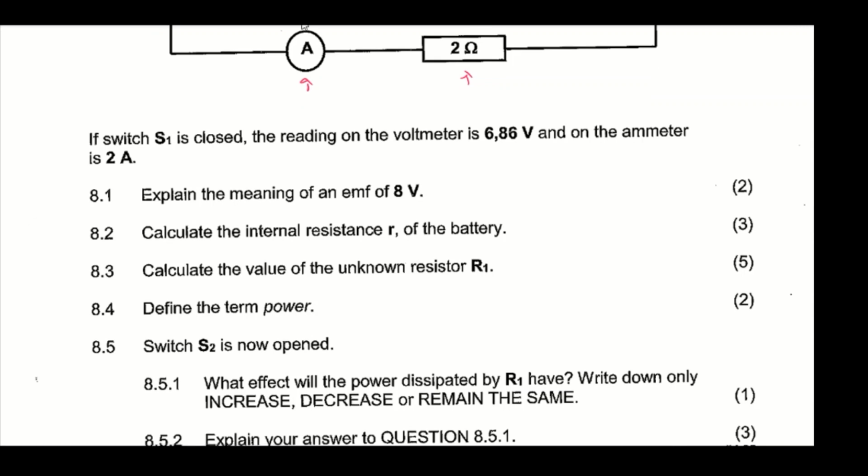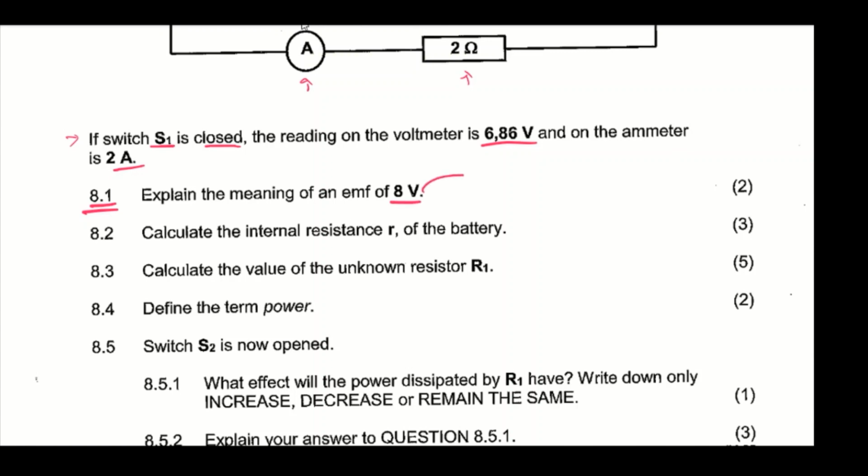And the statement says that if switch 1 is closed, the reading of the voltmeter is going to be 6.86 V, and on the ammeter is going to be 2 amperes, right? And then 8.1 says explain the meaning of an EMF of 8 volts.